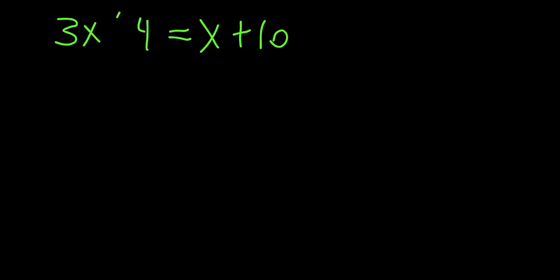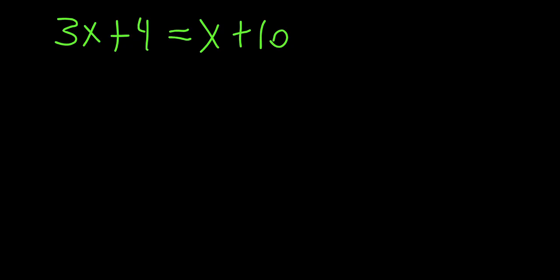If you were to go ahead and do something that you shouldn't, like divide everything in both sides by 3, you would end up with an equation that's really hard to solve.